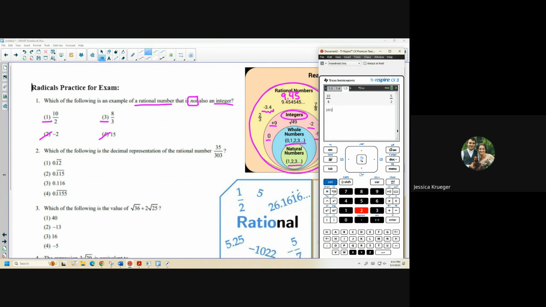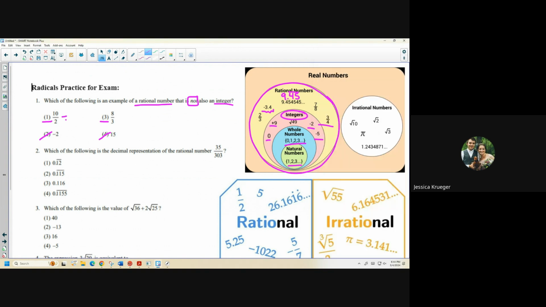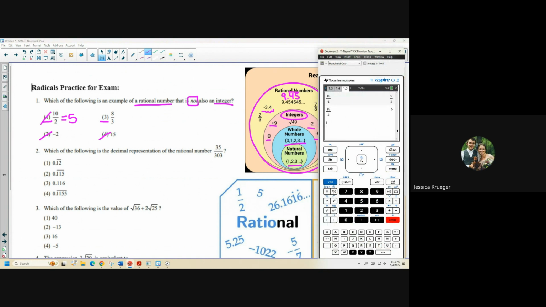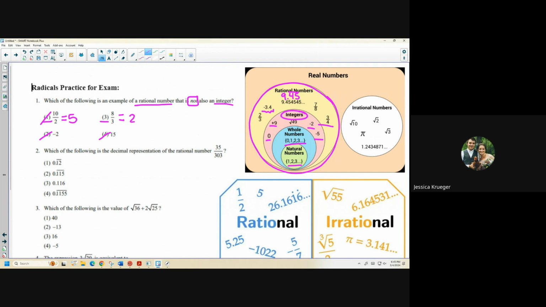Choice 1 is 10 over 2, which is 5. Oh, wait a minute. That is actually an integer. 8 over 3, let's just double check what that looks like. So 8 over 3, I'm going to go ahead and click Control Enter. Ooh, that is 2.6 repeating. That is not an integer.